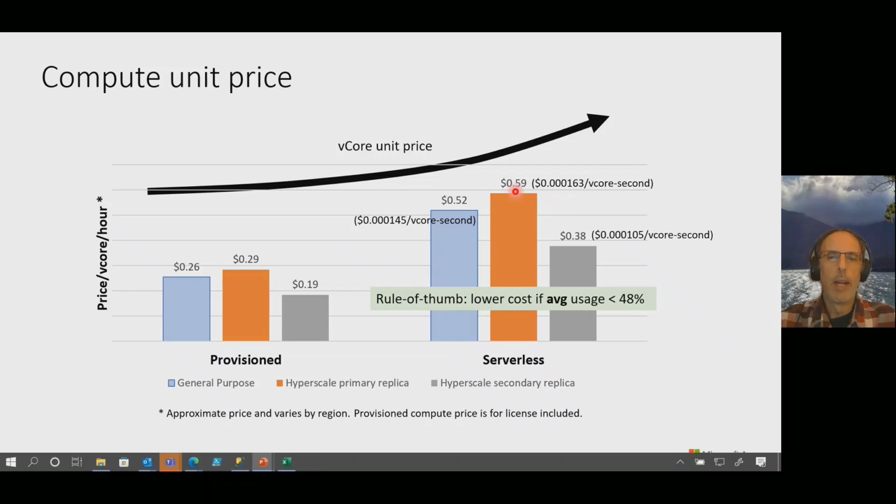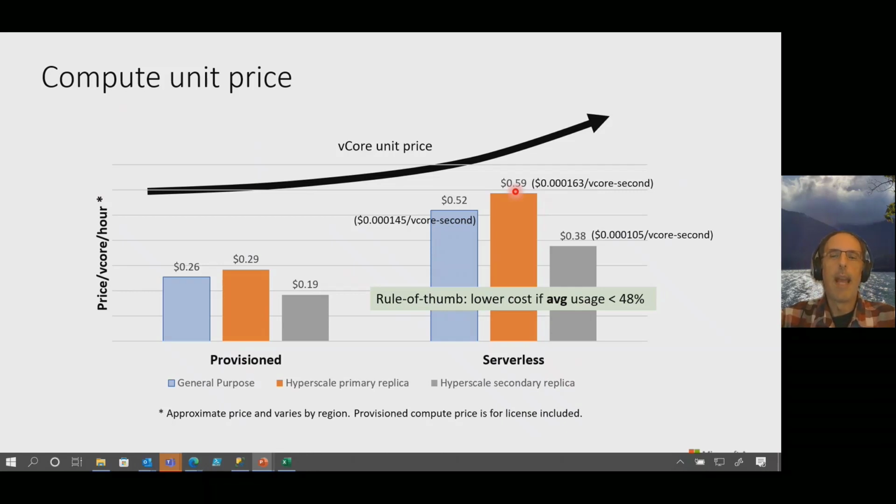But that's only true in serverless if the database is using that whole core for the full hour. But if the average usage over that 1 hour is less than a core, so even if the database is still peaking up to 1 core, but its average usage over time is less than 1 core, then because serverless charges for the amount of compute used, the price is less than 59 cents.